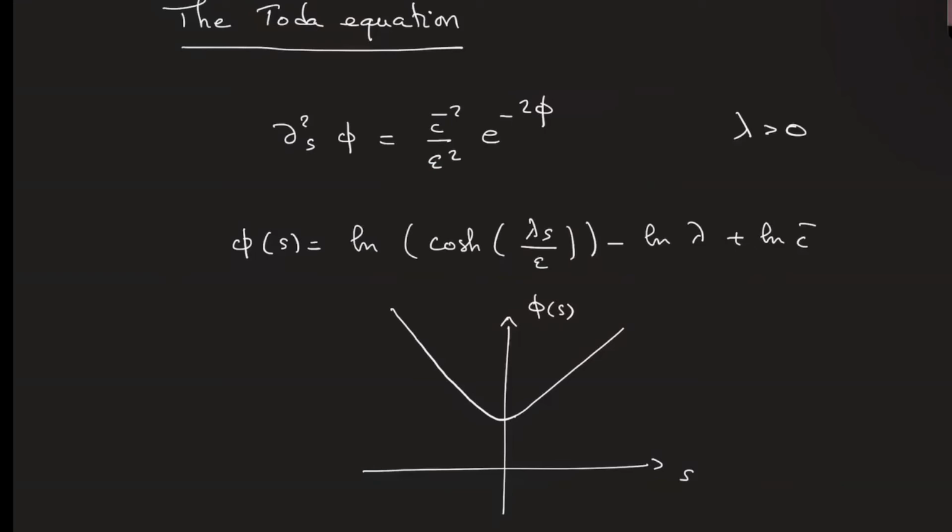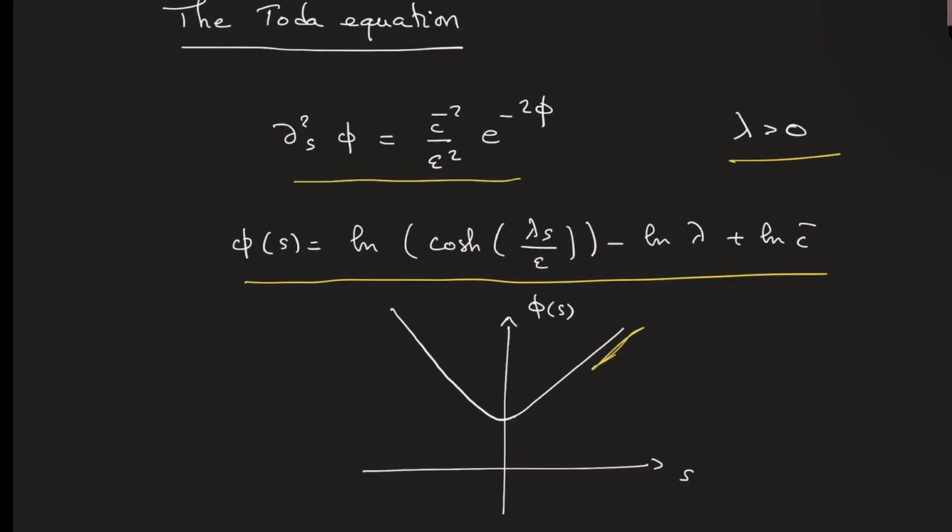And in fact, the solution of this equation can be written like this. They depend on epsilon because the equation depends on epsilon, but they also depend on a positive parameter, which I call lambda. And basically, lambda tells you exactly what is the slope of the solution at infinity. Right, so this is explicitly known.